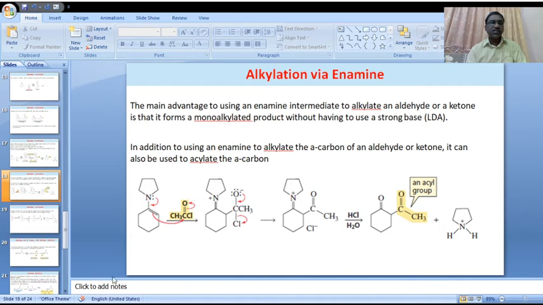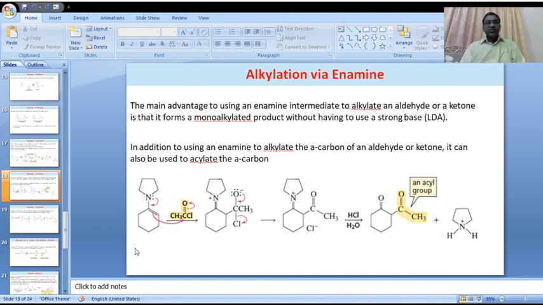Here in this enamine, the pair of electrons on nitrogen shifts to this side, the pi bond cleaves, and that alpha carbon bonds with the acyl functional group.